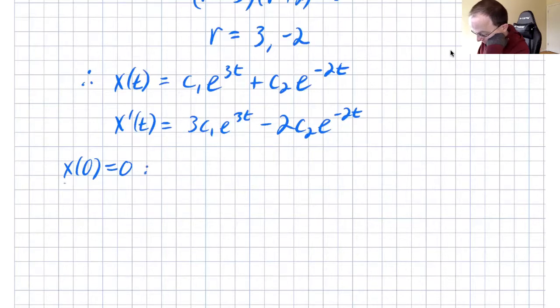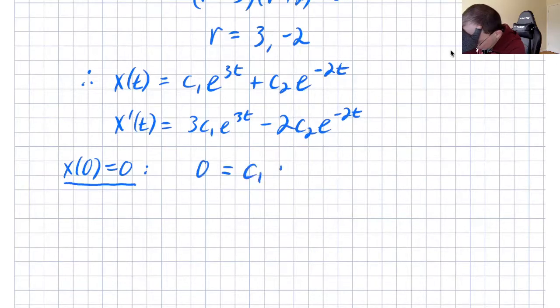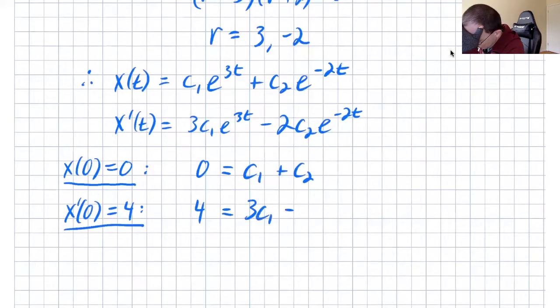We'll do that one first. And this tells us that 0 is equal to C1 plus C2. And then x prime of 0 equals 4. This tells us that 4 is equal to 3C1 minus 2C2.